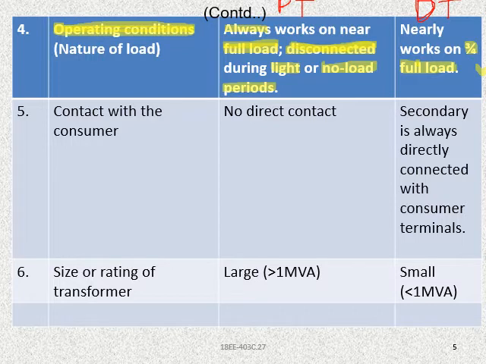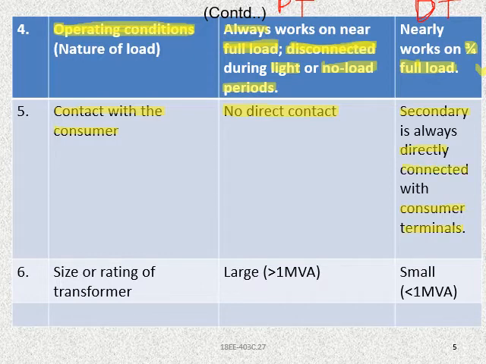Coming to the fifth point, contact with the consumers. As I've said, the power transformers have no direct contact with the consumers, whereas the secondary of the distribution transformer is always directly connected with consumer terminals.